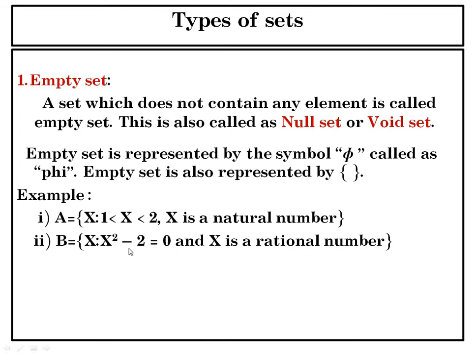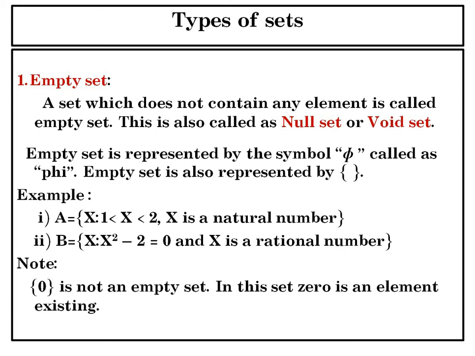From that, x is equal to root 2. Now, is root 2 a rational number? No, it's an irrational number. That means B does not contain any element. So this is another example for empty set.